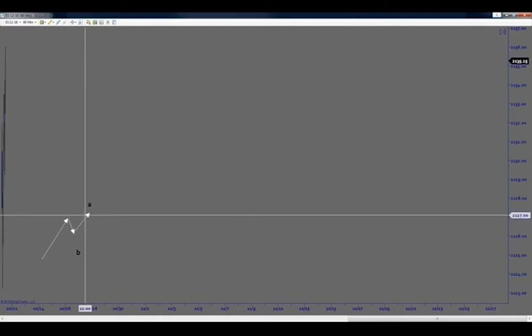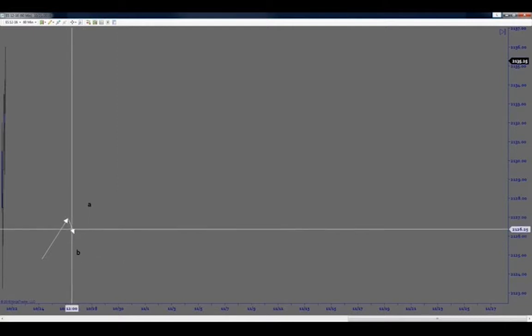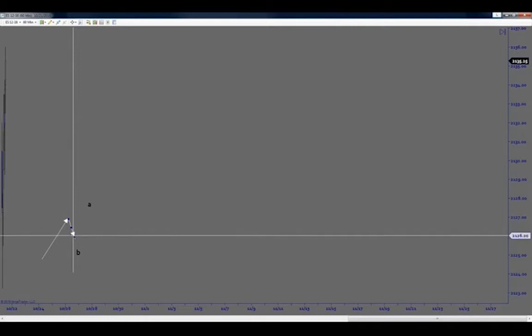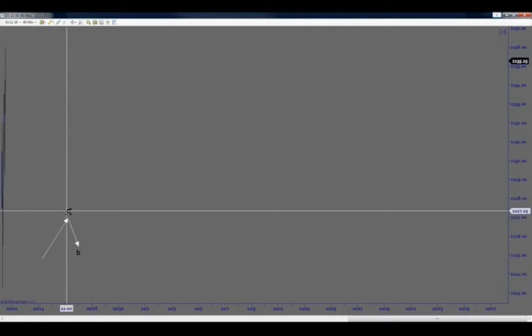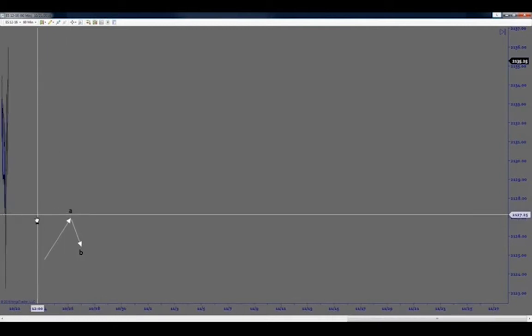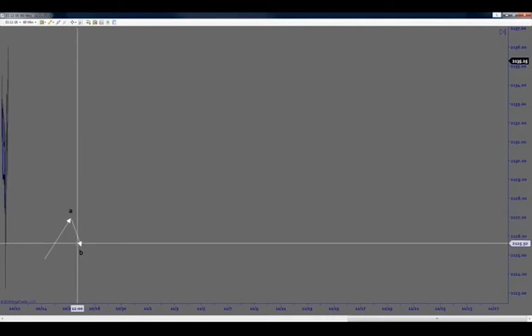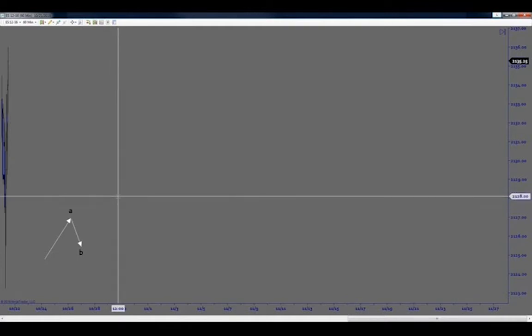All right, but in this case, for simplicity's sake, we're going to have B in place. And once B is in place, that actually does confirm A and allows us to calculate a target for C.